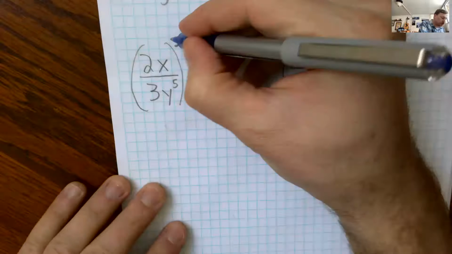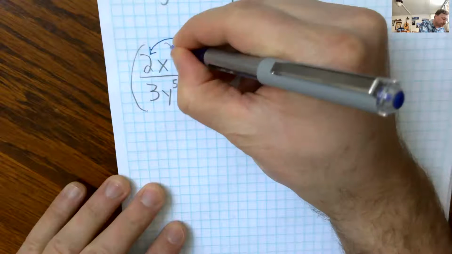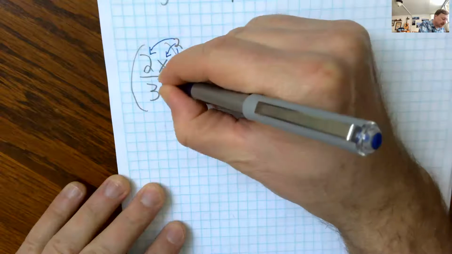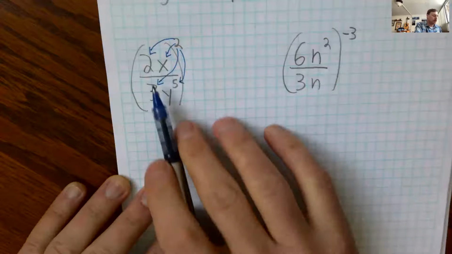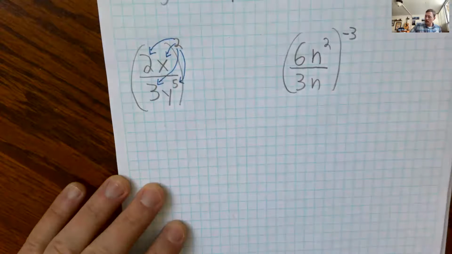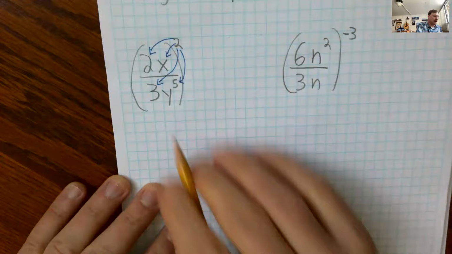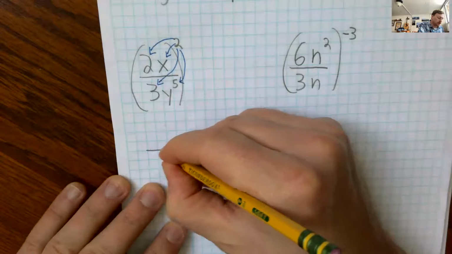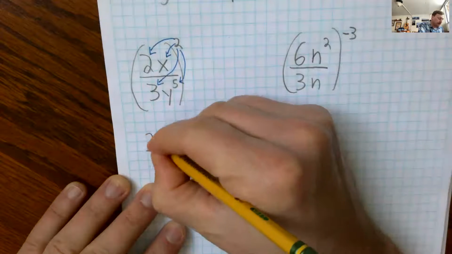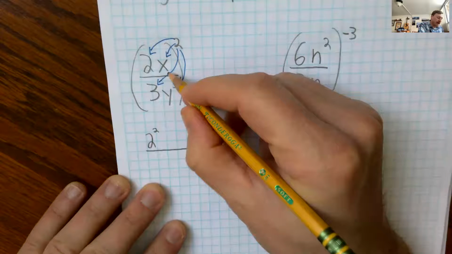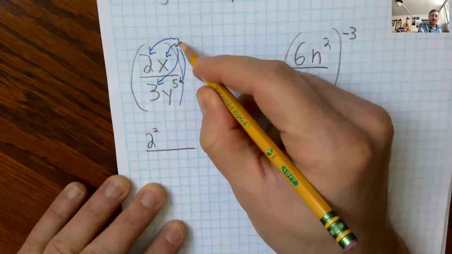So I'm basically distributing the 2 to everything inside the parentheses. In this particular problem, there's 4 different terms, 1, 2, 3, 4. And we just got to keep track of our rules as to what that's going to look like. So it's going to stay in fraction form. So this is going to be 2 to the second power, x raised to the second power.